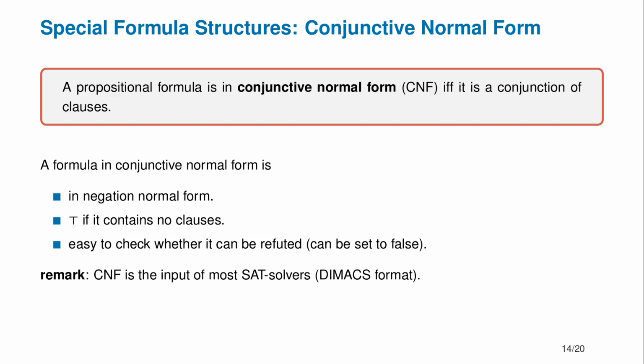For this reason, CNF is the input language of most SAT solvers. CNF solvers have the full power of propositional logic, so they can decide SAT, but they process only formulas in this restricted format, and the specific format is called DIMACS format, and I will introduce this format in another video.